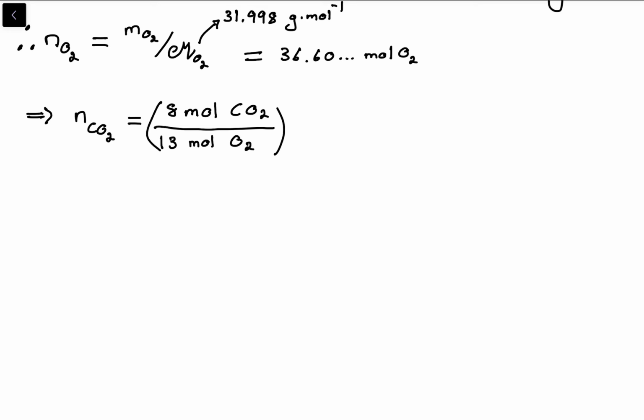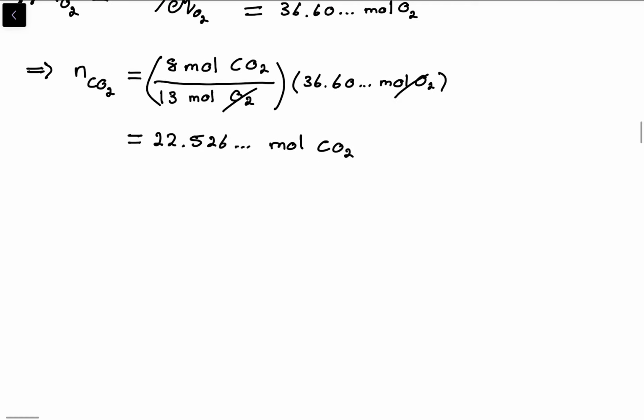You can also do your cross multiplication or whatever. But we have 36.60 mole O2. And so you'll get 22.526 mole CO2. Okay, the mole O2 is cancelled, and you're left with that number.